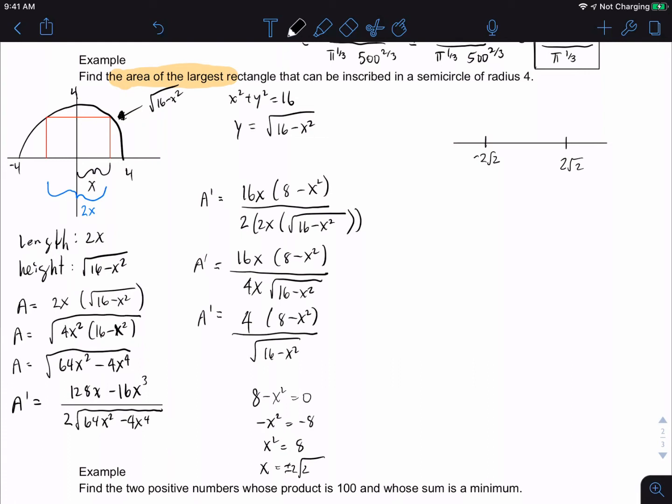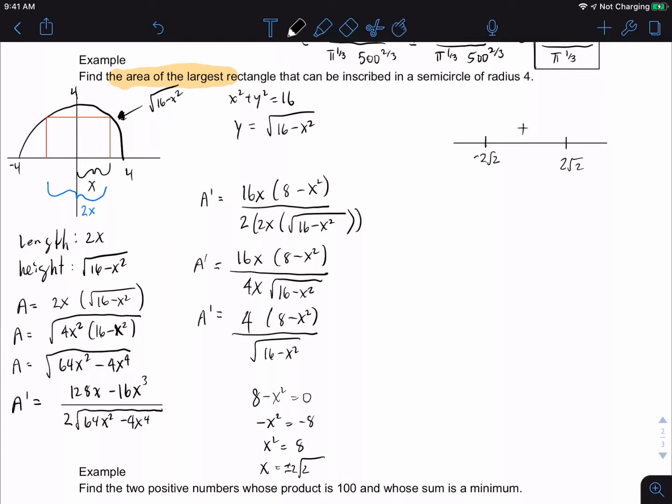So if x was 0 for the derivative, do we get a positive or a negative number? It looks like we'll get a positive number in there, correct? Now, if we pick a number that's bigger than 2 radical 2, what is 2 radical 2? 1.7 times 2.